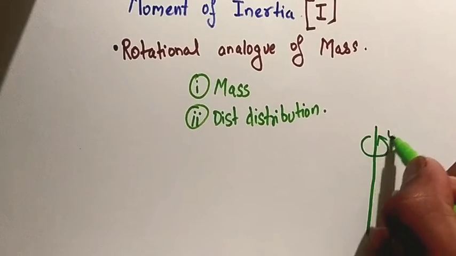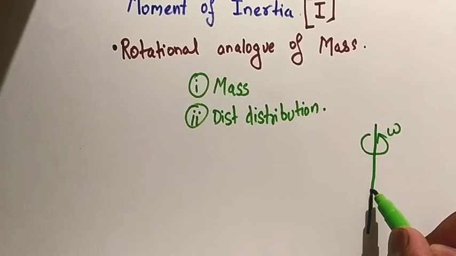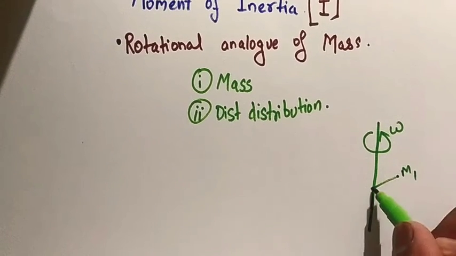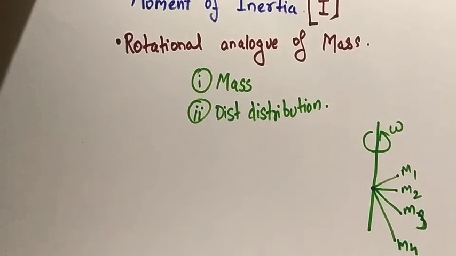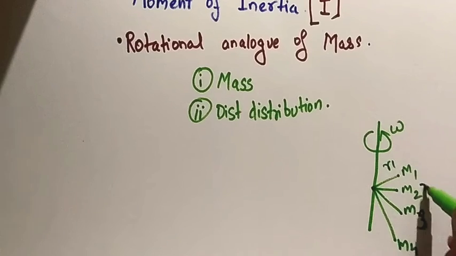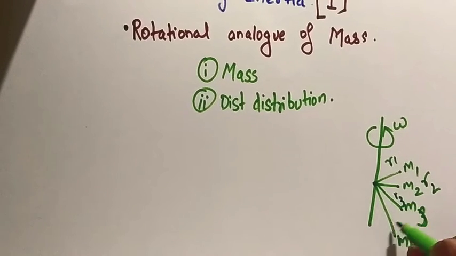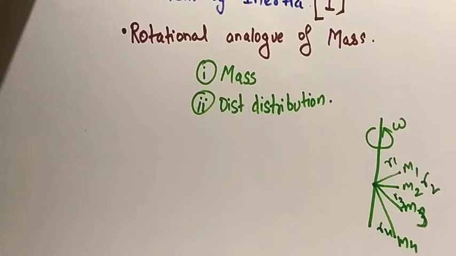Here it is the angular velocity. Here are the different masses m1, m2, m3, m4, etc., up to mn, and they have different distances r1, r2, r3, r4.